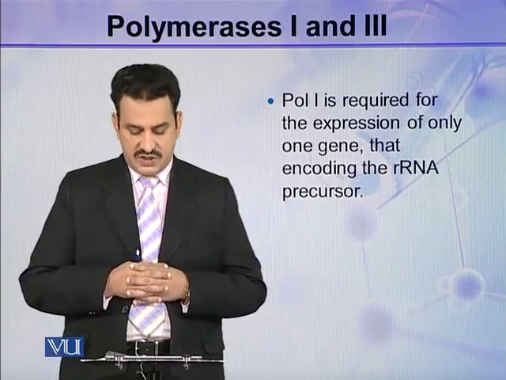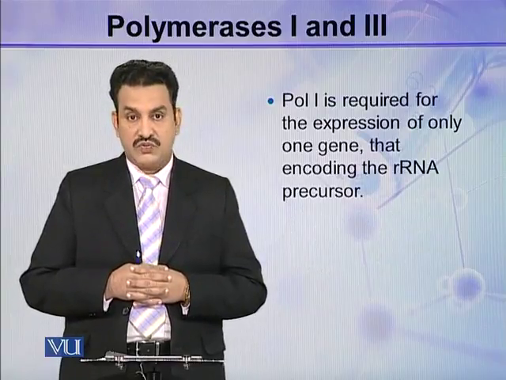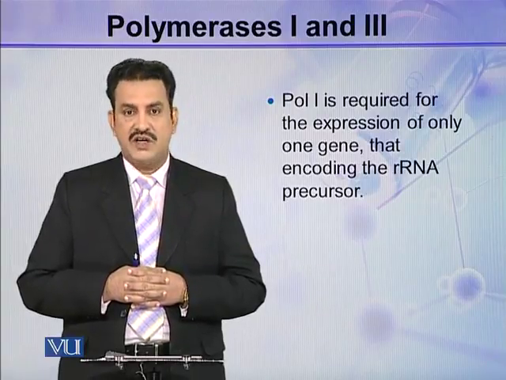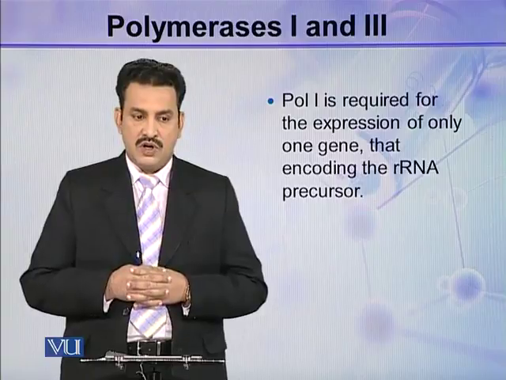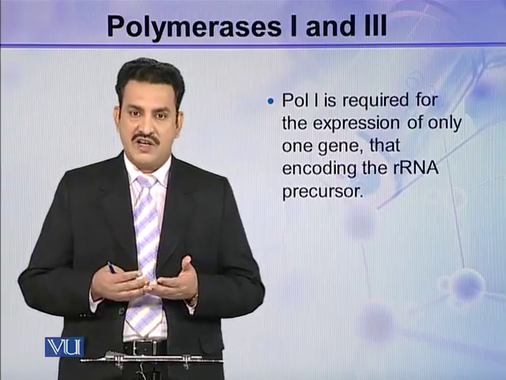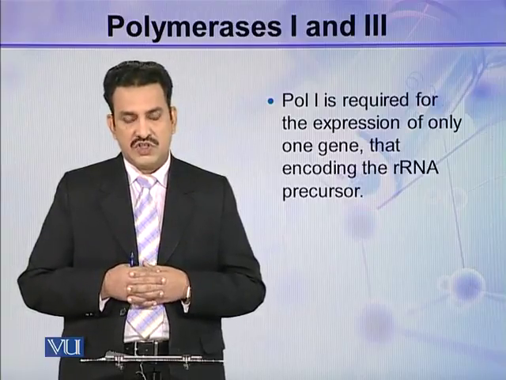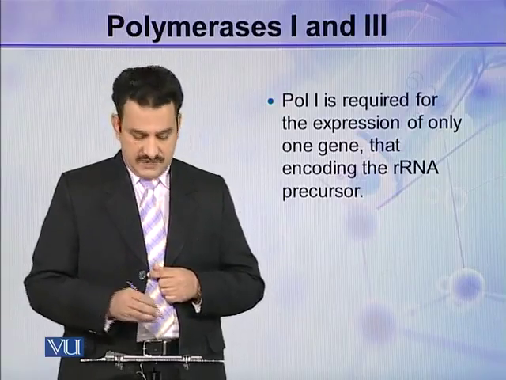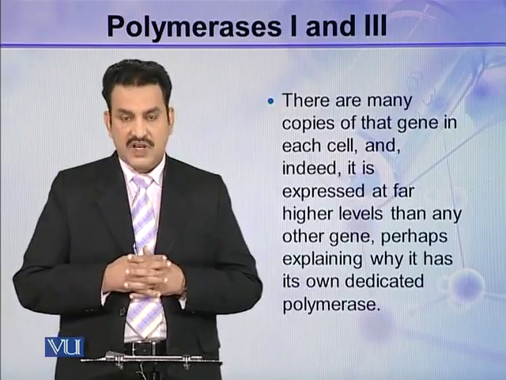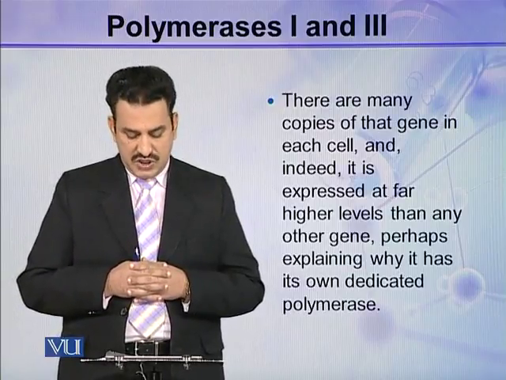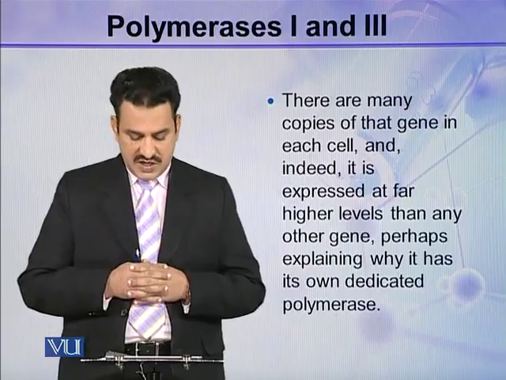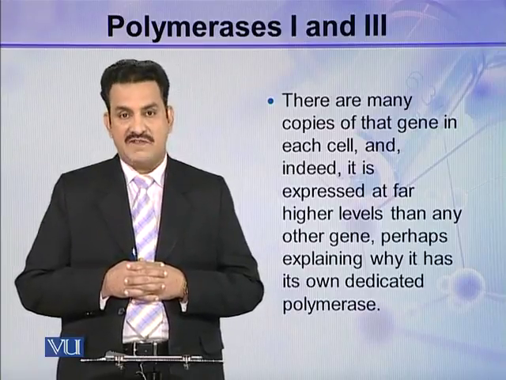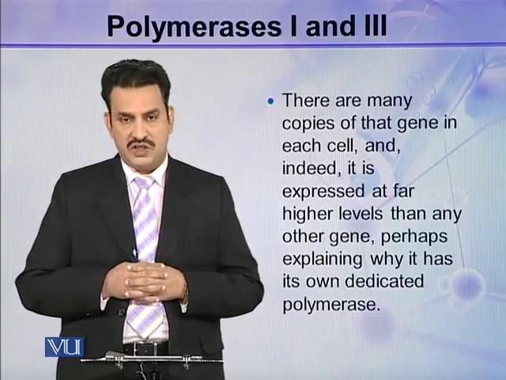Polymerase 1 is required for the expression of only one gene, that encoding the rRNA precursor. So, the gene which is responsible for the synthesis of rRNA is transcribed by pol 1. There are many copies of that gene in each cell, and indeed it is expressed at far higher levels than any other gene.